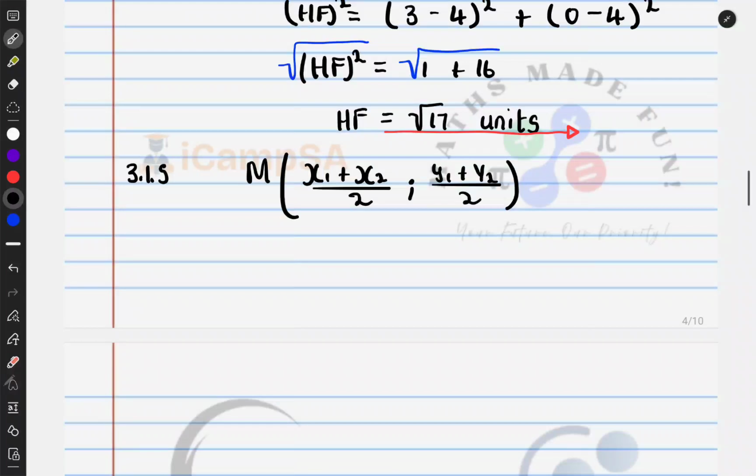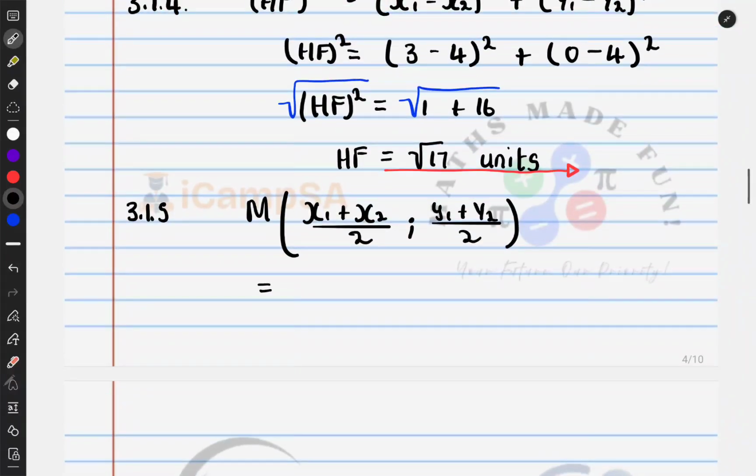That will be our midpoint. The coordinates of S are (0, -1) and the coordinates of H are (4, 4). So 0 plus 4 divided by 2, and for the y values, -1 plus 4 divided by 2.